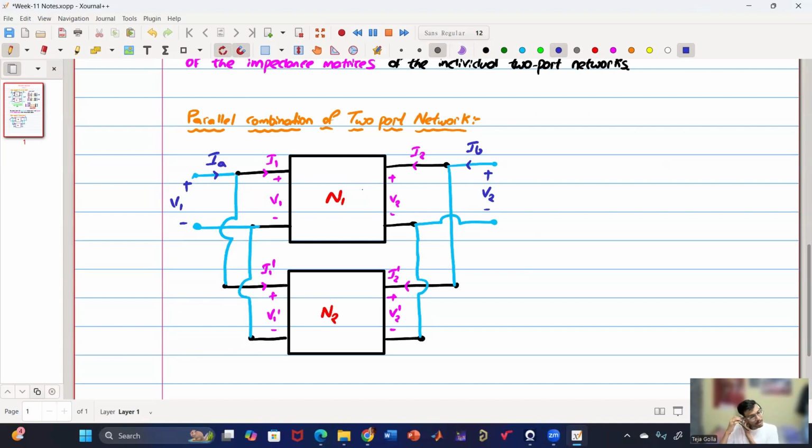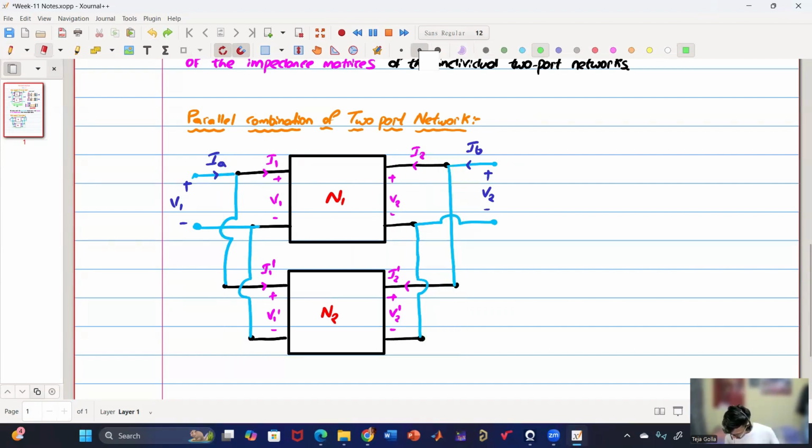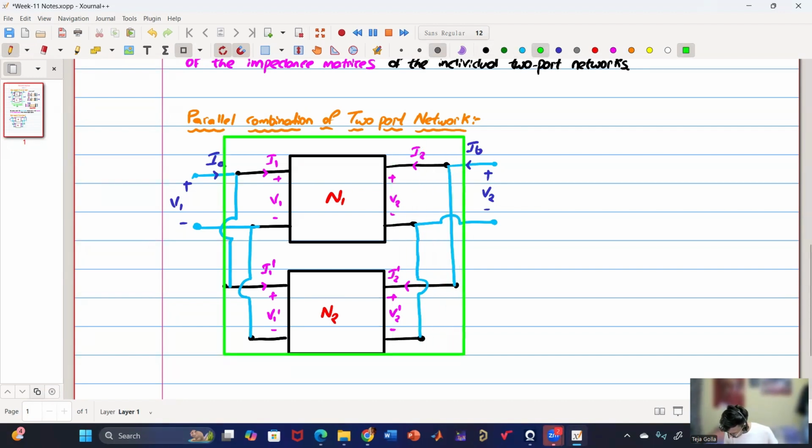Now, can anyone tell me what will be my IA and IB? What is IA? What is IB? Again, the objective is the same: I want to represent this as a single two-port network.